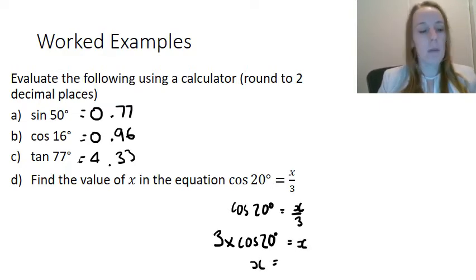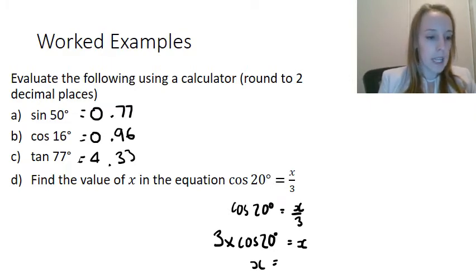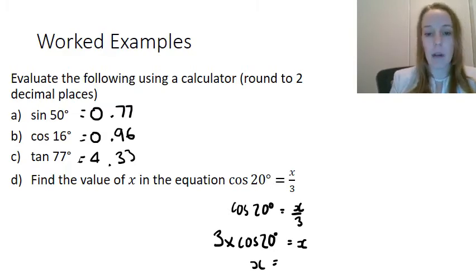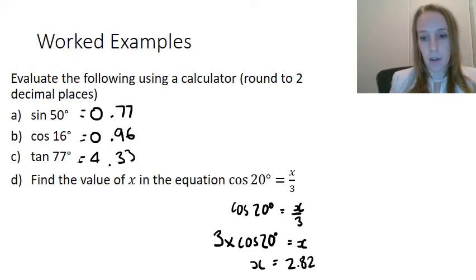So x will equal, in our calculator, 3 times cos 20, close brackets, equals 2.8190, etc. So we're going to round to 2 decimal places. So 2.819 will round to 2.82.